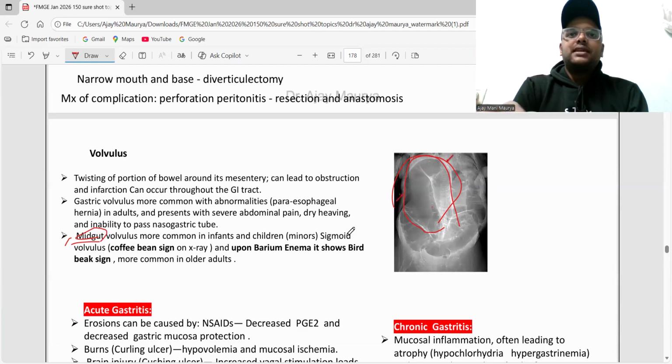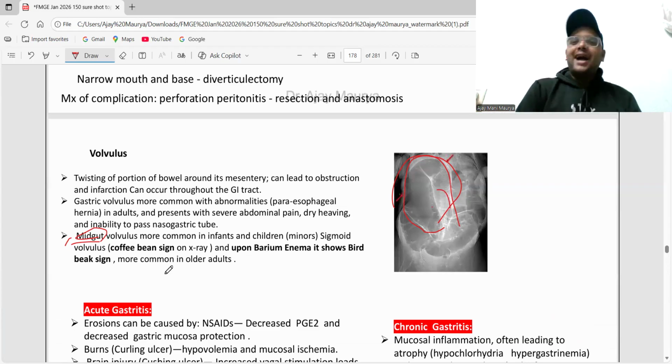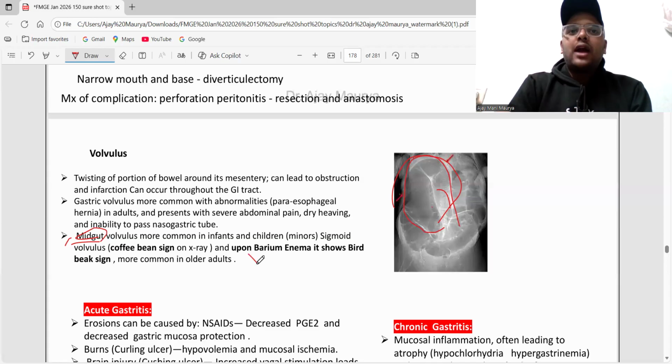Remember the sigmoid volvulus. It is the coffee bean shape on the X-ray, and upon barium enema it shows the bird beak sign. Upon barium swallow, it shows the bird beak sign where?